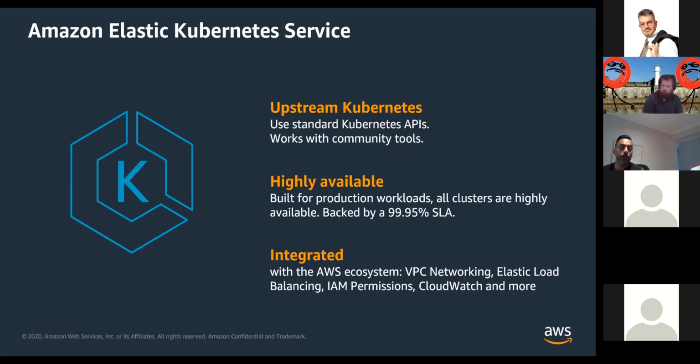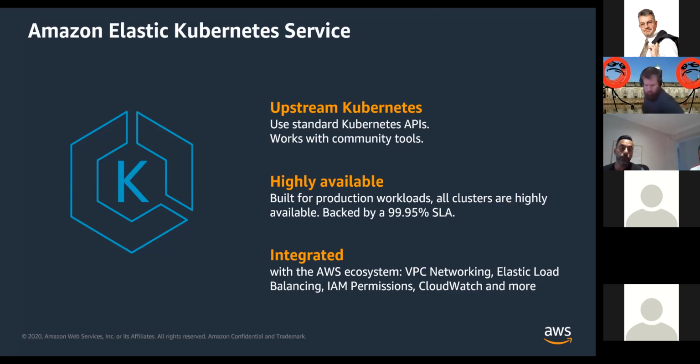You can easily migrate any standard Kubernetes application, like I said, that you might be running on-prem, to EKS without much code change or refactoring. Essentially, what you're running on-prem is what we are running in EKS, but it's upstream Kubernetes where we actively do bug fixes for the open source community version.